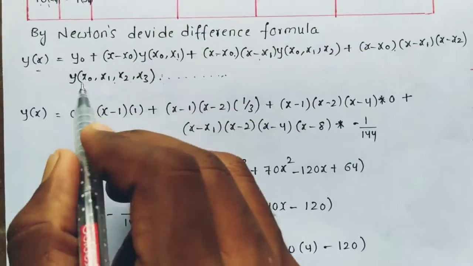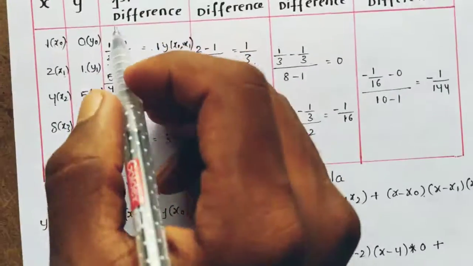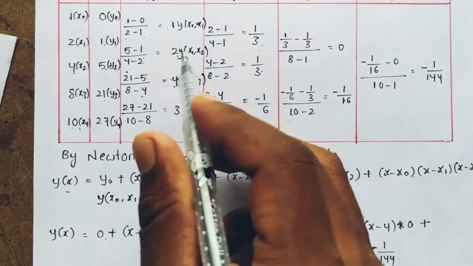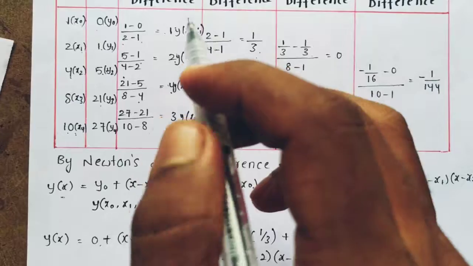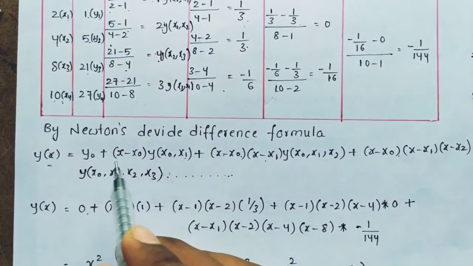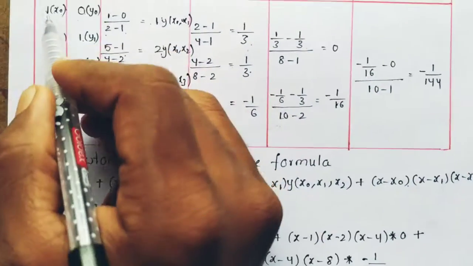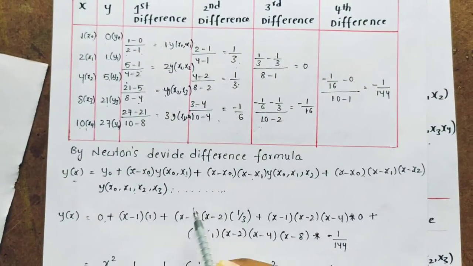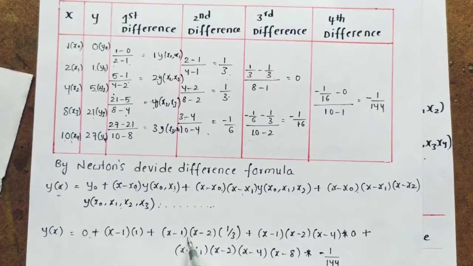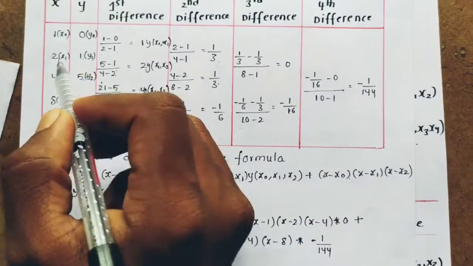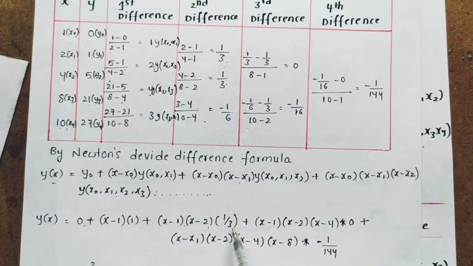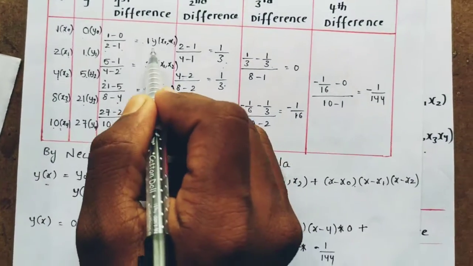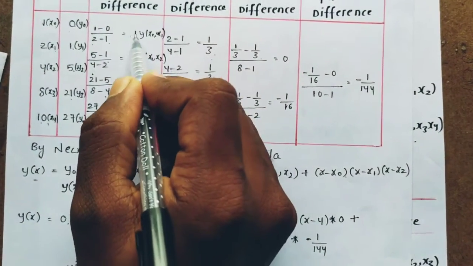Here the value of y naught is 0, and we substitute the values in the given formula. The x naught value we already know is 1, and x1 is 2, so x minus 2 into 1 by 3. For y of x naught x1, the first value of the first difference is 1.